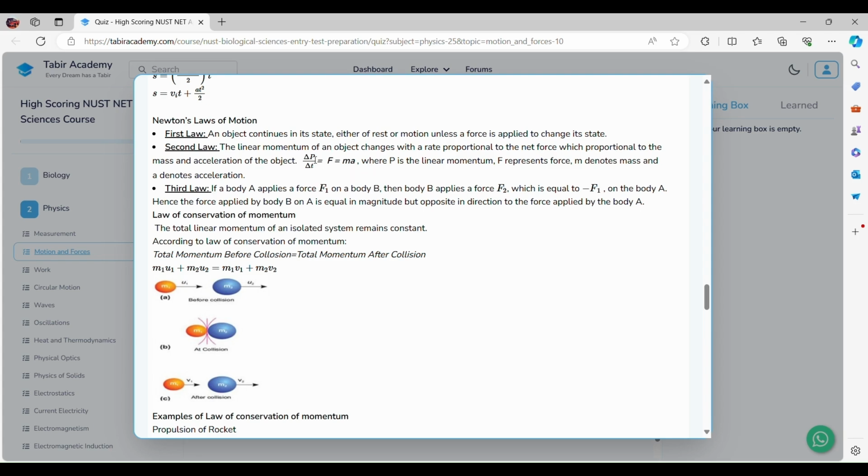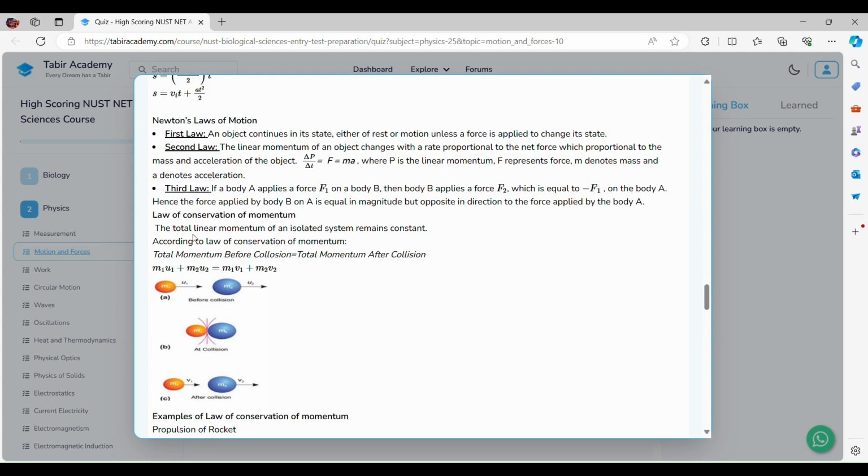P जो है वो linear momentum होता है, F force होता है, m denotes mass and a denotes acceleration. Third law, if a body A applies a force F1 on a body B, then body B applies a force F2 which is equal to negative F1 as it's in the opposite direction on the body A. Hence the force applied by body B on body A is equal in magnitude but opposite in direction.